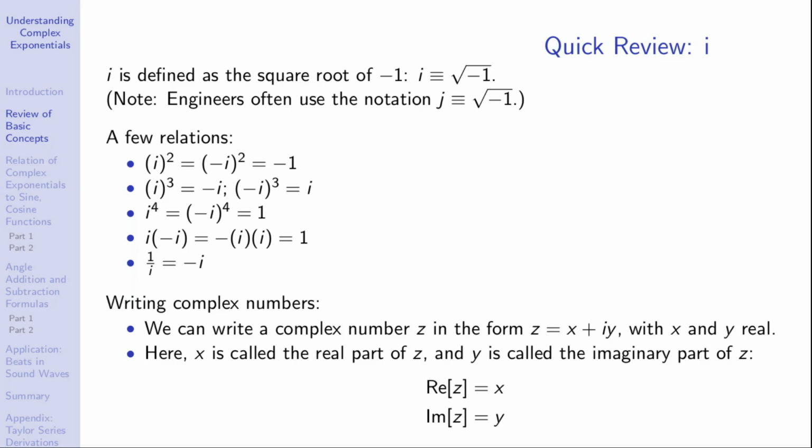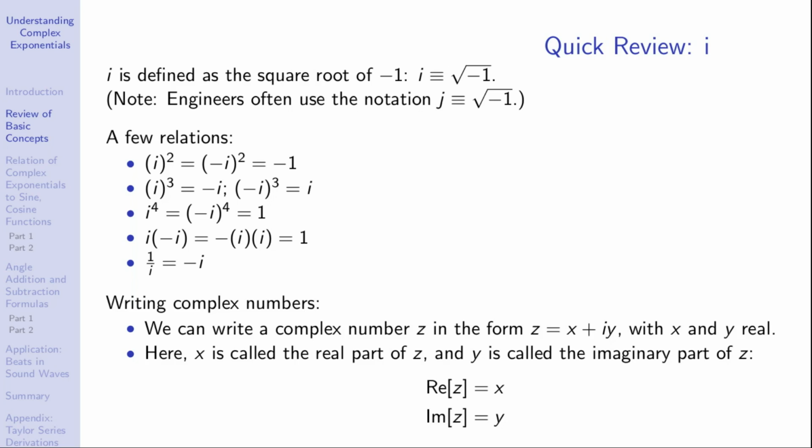Now we'll give a few relations that we encourage you to check on your own. So i squared and (-i) squared both equal -1. i cubed is equal to minus i, and (-i) cubed is equal to i.